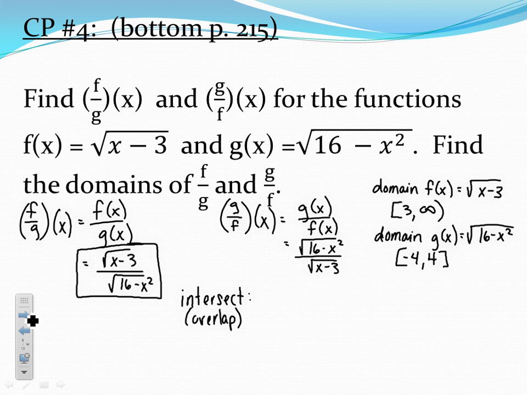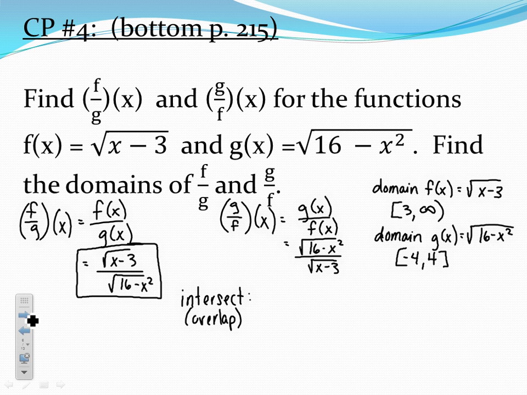Okay, if it only works for one of them, it's going to end up making the other part either undefined or imaginary or something, and so we can't use that number. So we're looking for what is in both of these. Well, both of them have 3, okay?